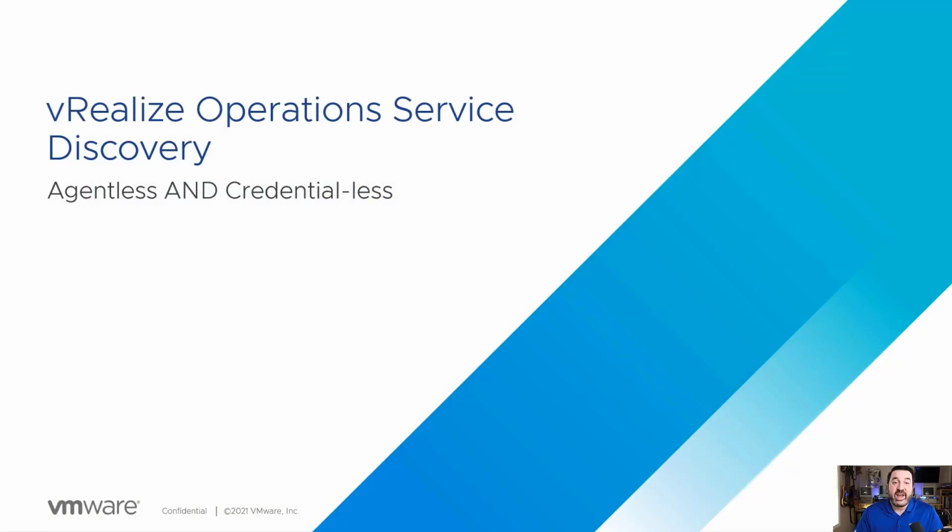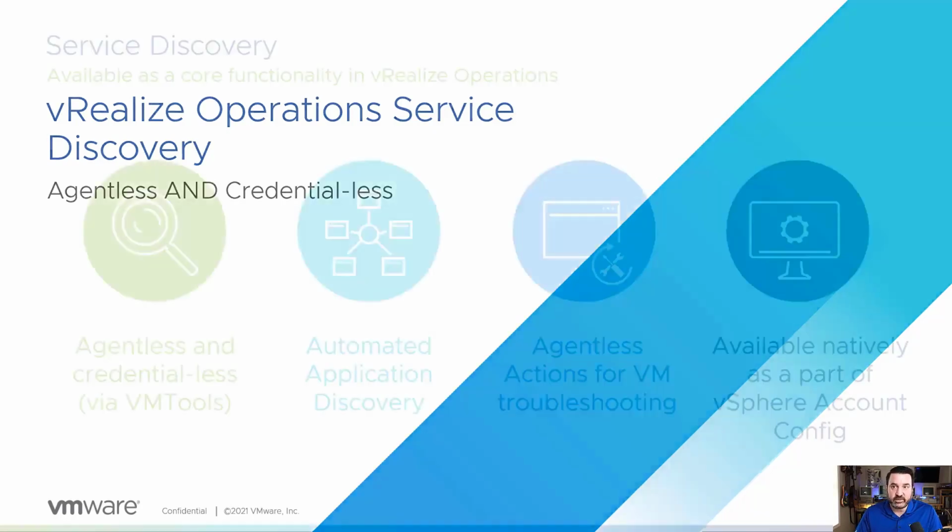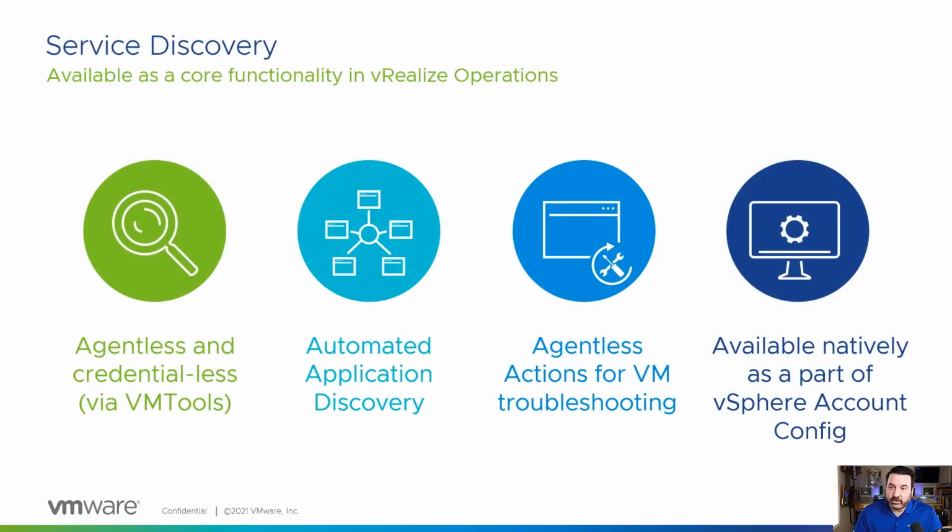So this is agentless, and there's also a credential-less way that we can monitor and discover services. So, first of all, it is exactly as it sounds, right? Service discovery. Leveraging VMware Tools, we can actually reach inside those virtual machines and discover what is running on them.